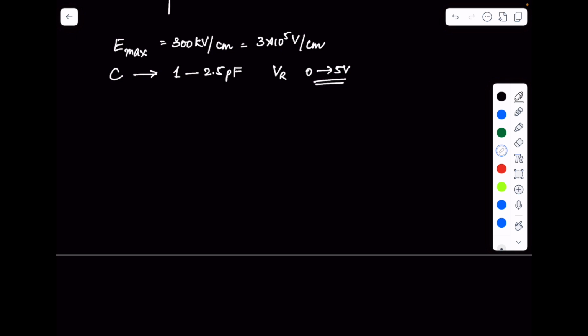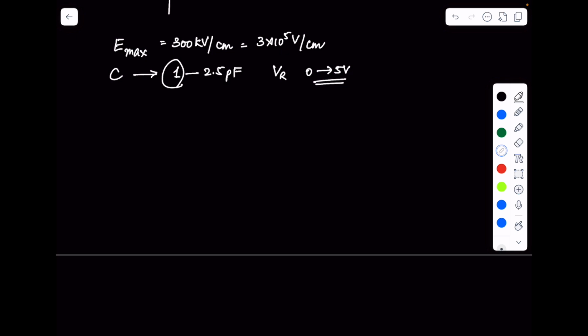Remember, as you increase the reverse bias, your capacitance is going to drop down. So the design that will work is when at 5 volts you have a 1 picofarad capacitance. So let's first begin with the maximum electric field.